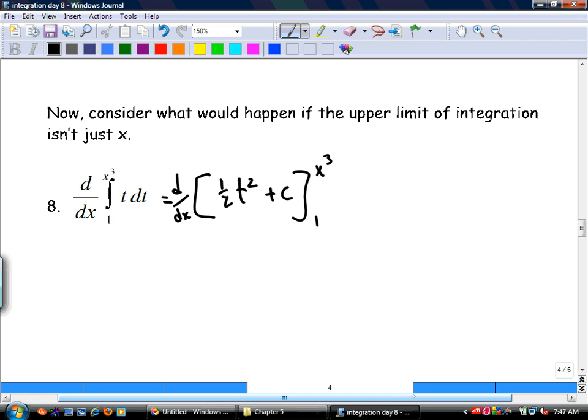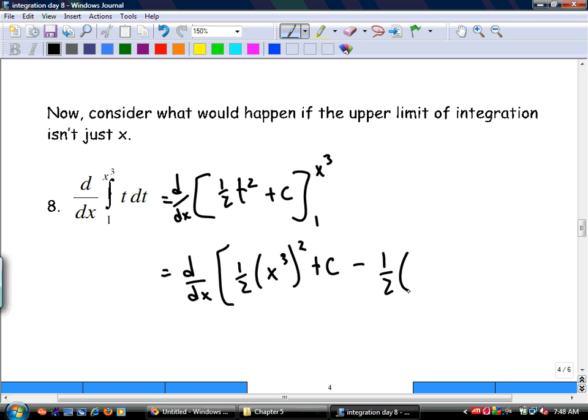So one half x cubed squared plus c minus 1/2 1 squared plus c.